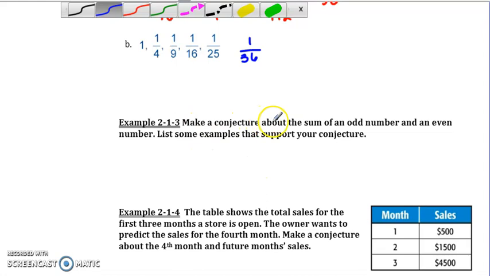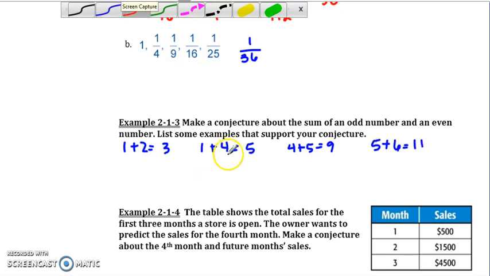All right, so make a conjecture about the sum of an odd number and an even number. So let's go ahead and add 1 odd, 1 even, that's 3, 1 odd, 1 even, 1 odd, 1 even, and let's look at that.